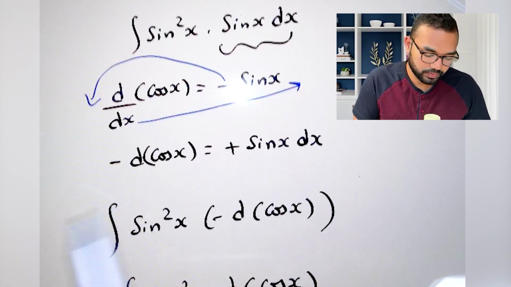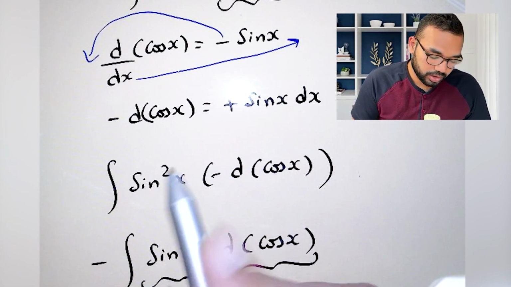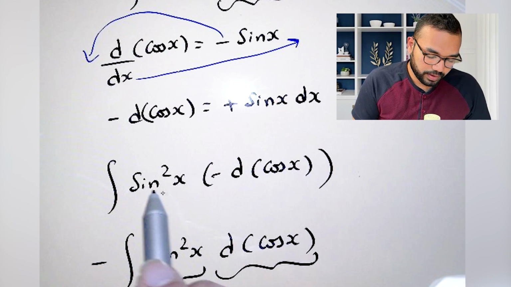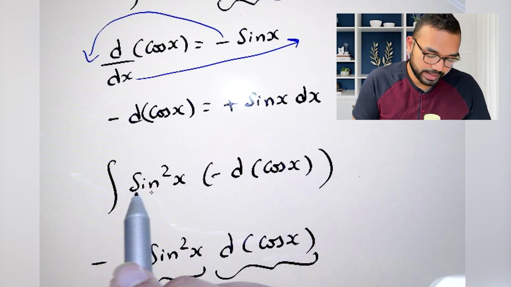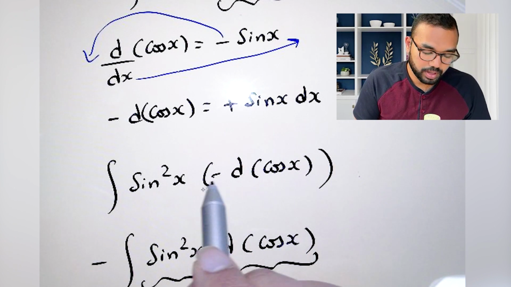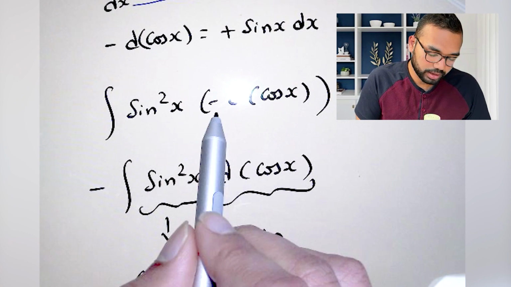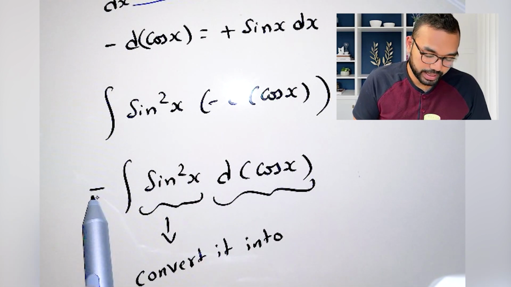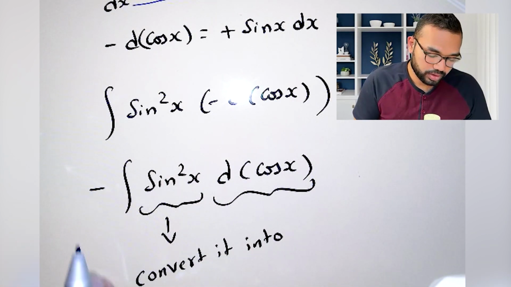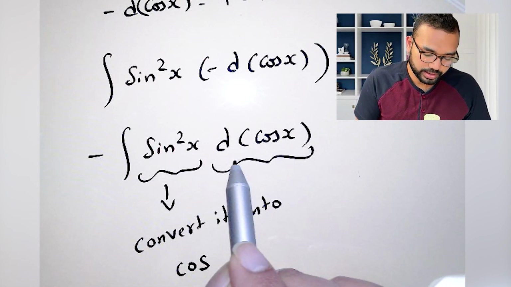So sin x dx will be minus d of cos x, and you can plug that for sin x dx. So I just did integral of sine square x times minus d of cos x. I brought the negative sign outside of the integral. So it is minus integral sine square x d of cos x.